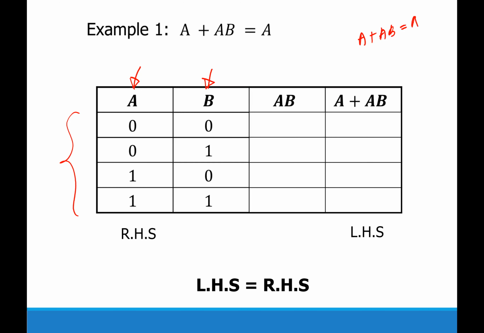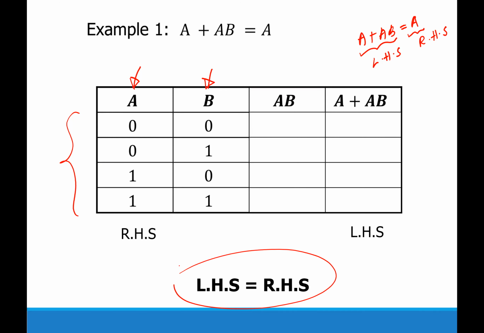If we take any equation, this one is called the LHS, that is the left hand side, and the other side is called the RHS, that is the right hand side. Then finally we need to show that the left hand side is equal to the right hand side. So we can see our equation is true if the left hand side is equal to the right hand side, okay?